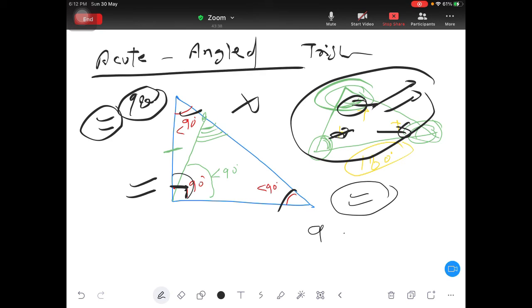If 2 are 90, then what about the third one? The third one cannot be 0. So you can never construct a triangle in which two angles are 90-90. So a right angle triangle is a triangle in which one angle has to be 90 degrees.